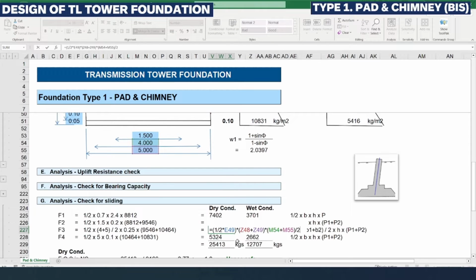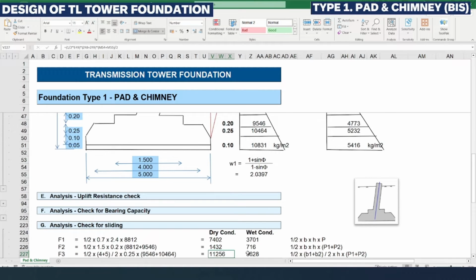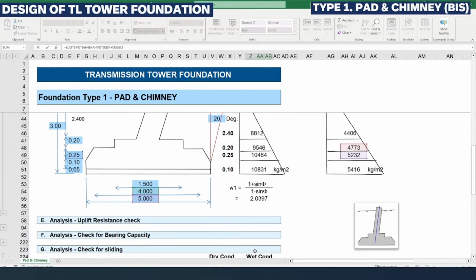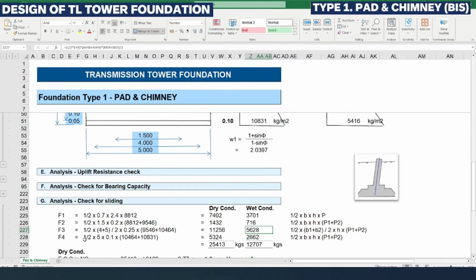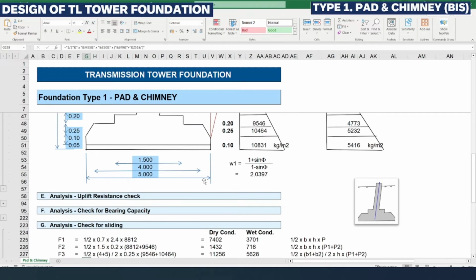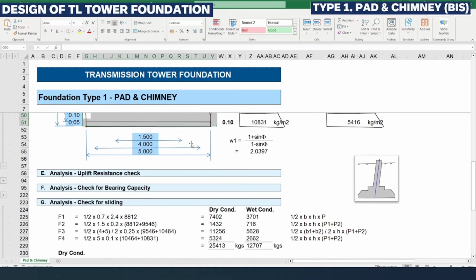So applying this, 11,256 is the value for dry and 5628 is the wet condition value. And the final one is F4, this part, the bottom part. So here again it is a vertical triangle. So this portion alone we need to consider as an exposed area to soil.